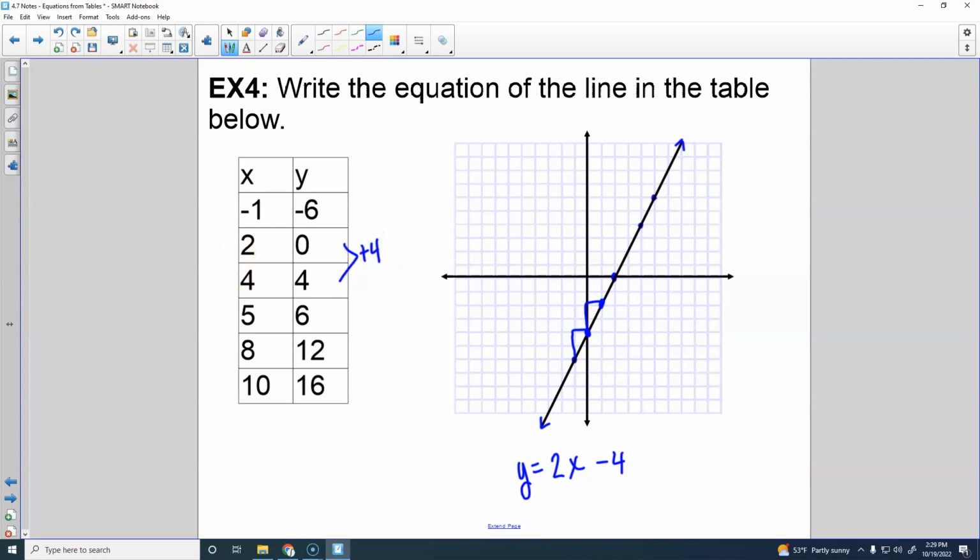Up 4, from 2 to 4, up 2, so your change in y over change in x would be 4 over 2, which is 2. There. Now that one we could not find the y-intercept from the table as we were given the table anyway. Okay, questions?